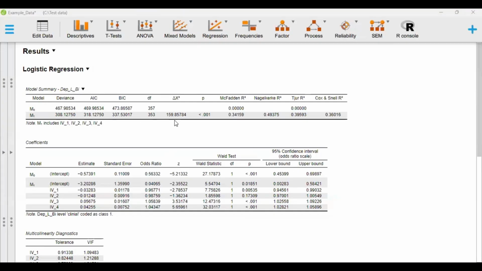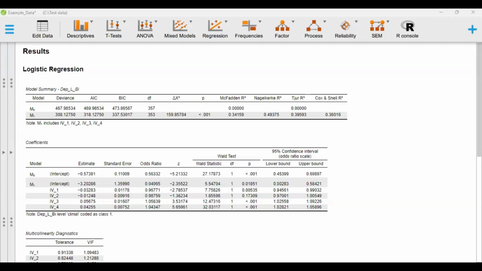So this row is important. If the chi-square here is significant, that shows that your model is generally significant. It doesn't mean that all of your predictors necessarily contribute to this model, but your model as a general model fits and is significant.